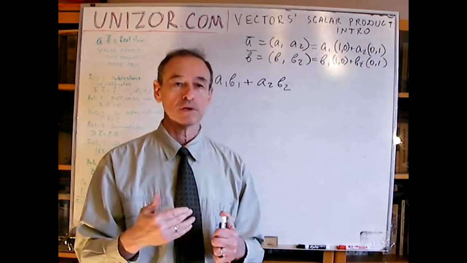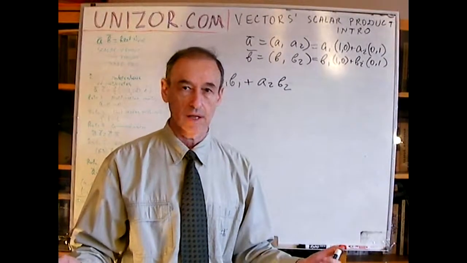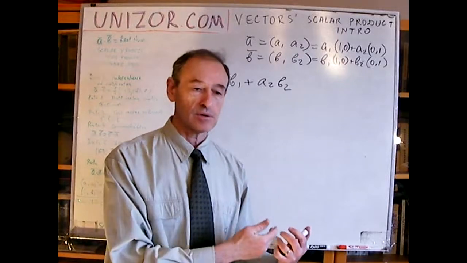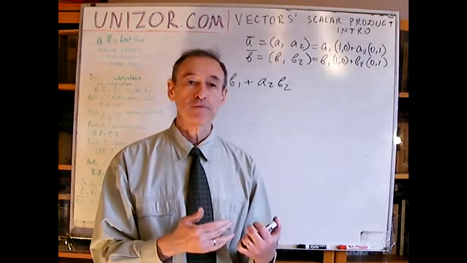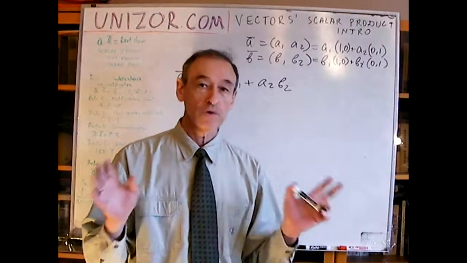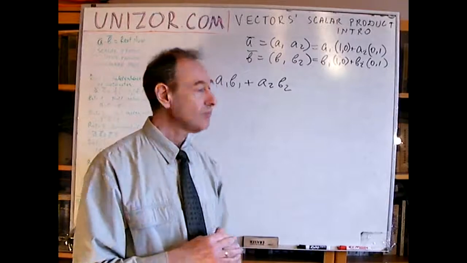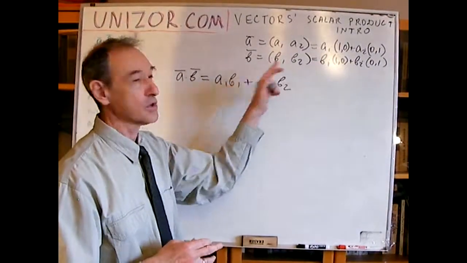All these formulas are not just given to us by God or something like this. We have come up with these formulas as a result of logical conclusions based on certain principles which we consider reasonable. We can actually take them as axioms. Okay, so this is a representation in the coordinate form.